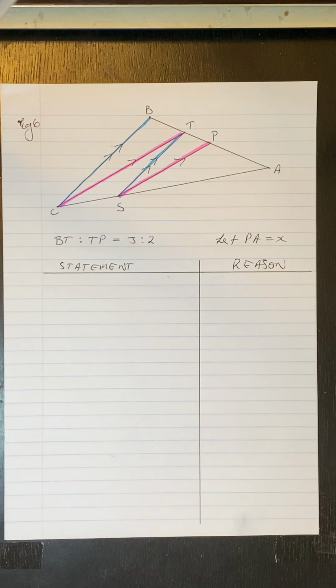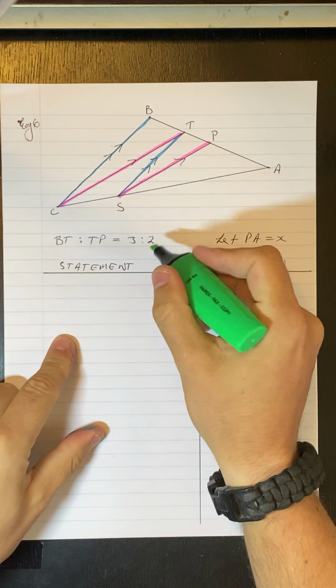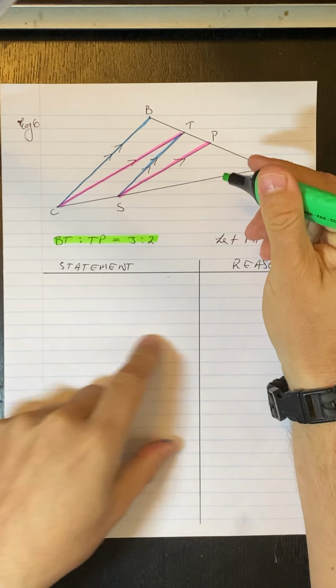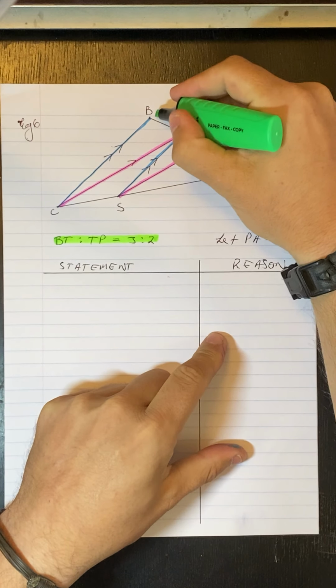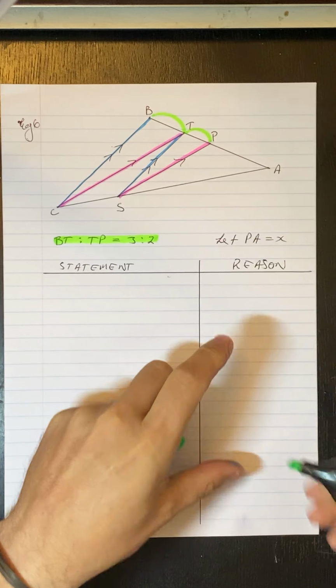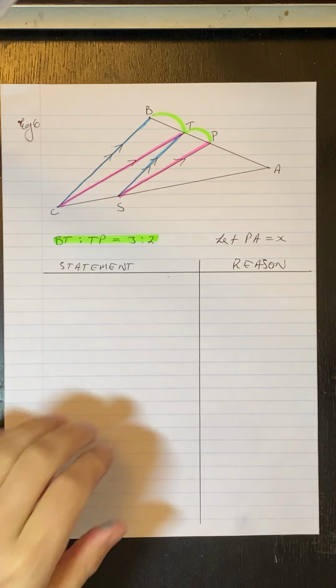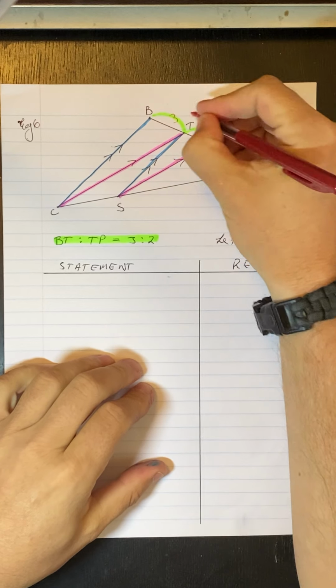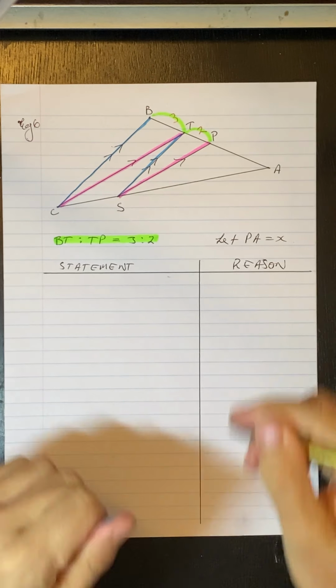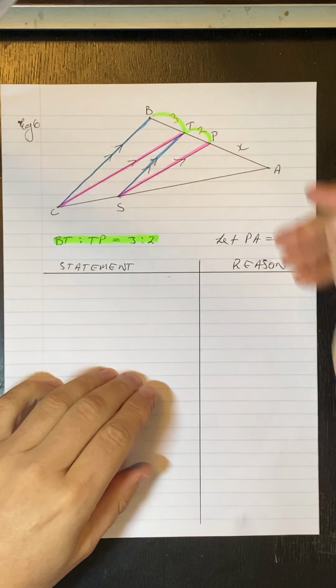Right, so next thing I'm going to do is work with my BT to TP ratio. So we've got that BT to TP is in this ratio 3 to 2. And the hint is let this be X.